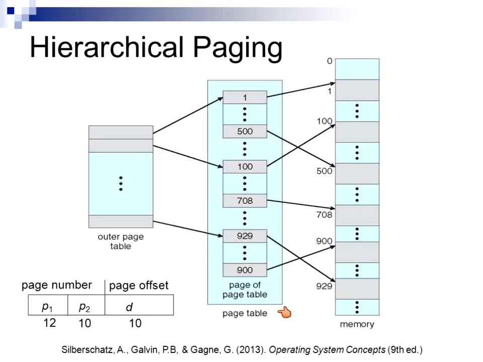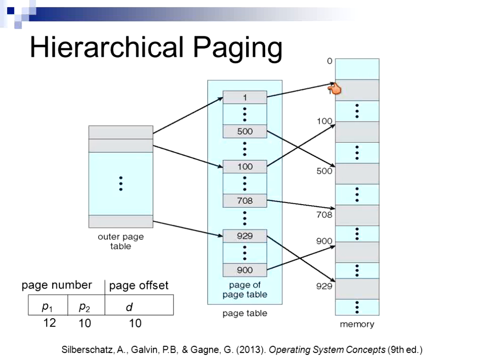We're doing a simple page table in our homework, but it can get more complicated where part of our page number is going to be an index into our outer page table. The second part of our page number is the index into our inner page table, and then the third piece of the address is our offset into our actual memory.